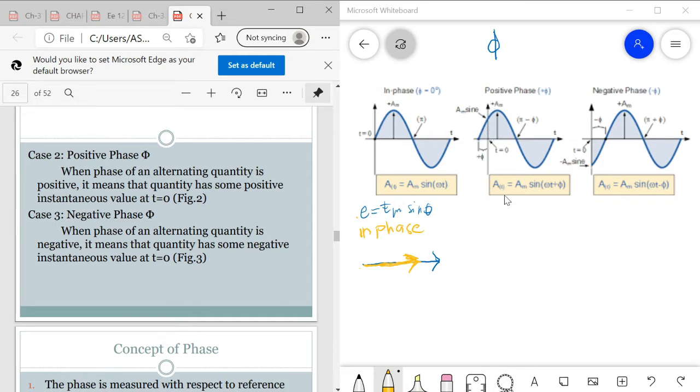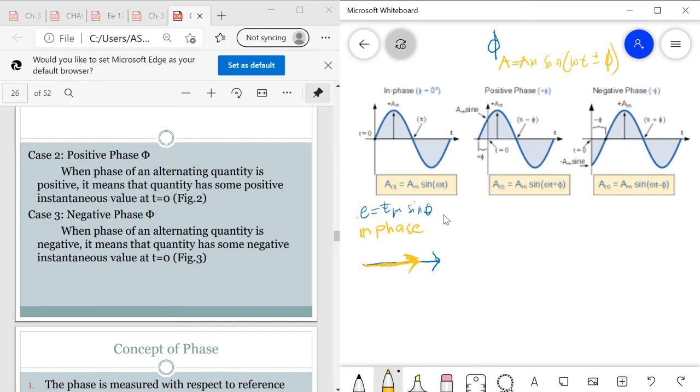Okay, so the equation of this one will be A is equal to Am sine omega t. So for positive sequence, we will use the plus the phase angle. So dito naman, in phase kanina, since 0 to, general form kasi, ang general form ng tatlong to is A is equal to Am sine omega t plus minus phi.